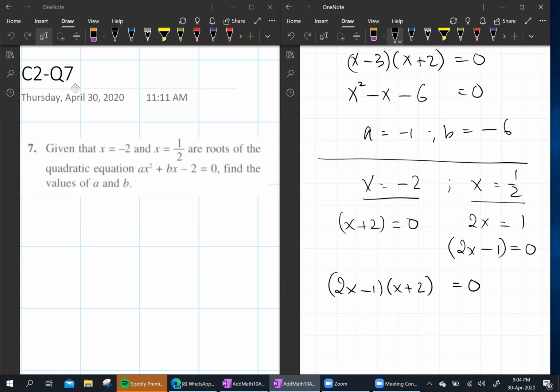So if you expand, you get 2x squared minus x plus 4x. So plus how many x? Minus x plus 4x is 3x, and -2, equals to 0.